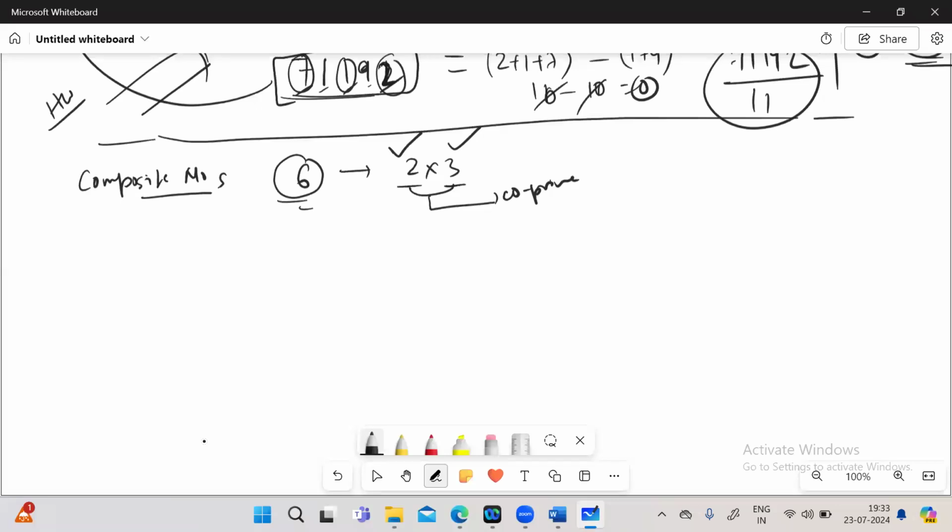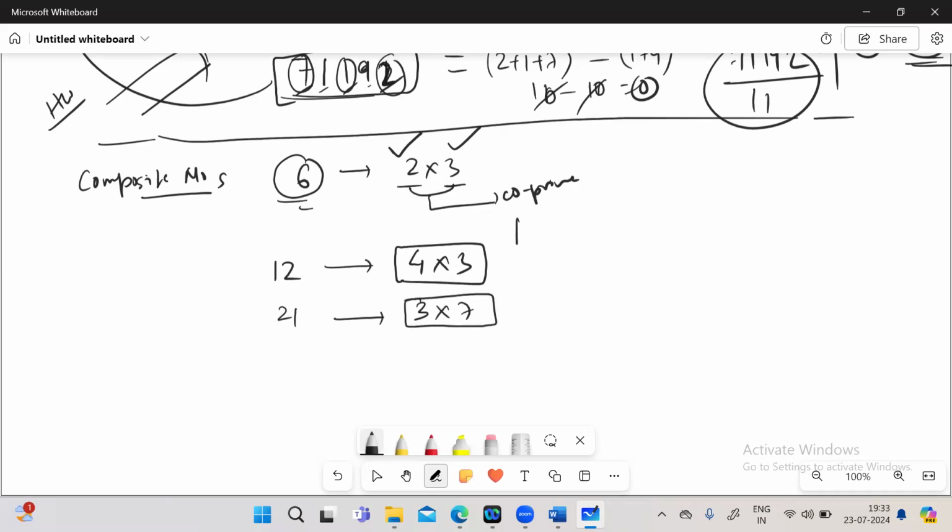Similarly, if you want to check the divisibility rule of 12, that number should be divisible by 4 and 3 separately. If you want to check the divisibility rule of 21, this number should be divisible by 3 and 7.